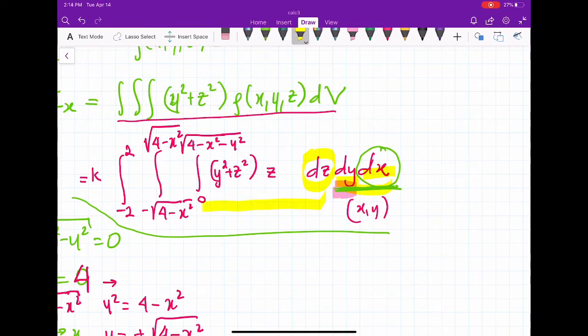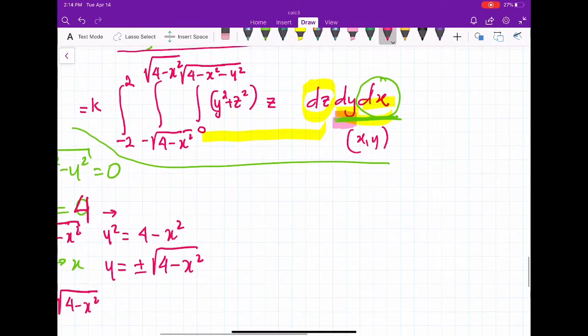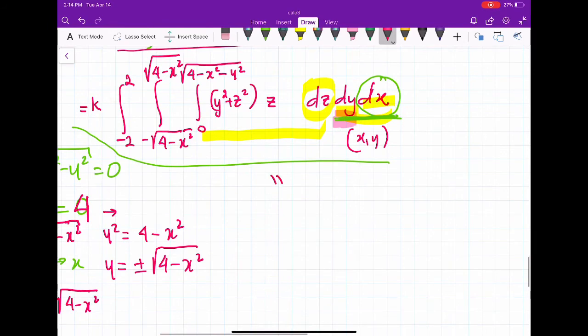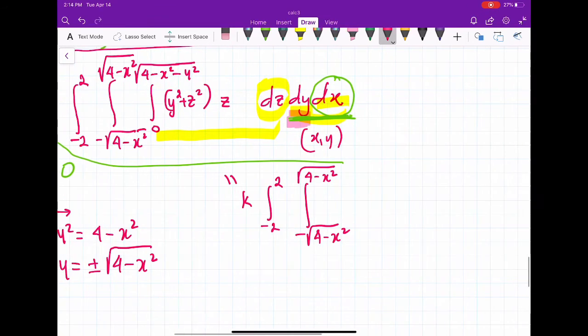With respect to z. Okay, so I have the following. This is equal to k integral from negative 2 to 2, from negative square root of 4 minus x squared to square root of 4 minus x squared. All right, and then I have y squared z squared over 2, because the antiderivative of z is just z squared over 2.